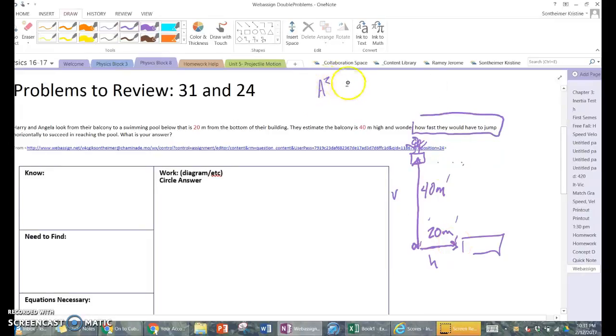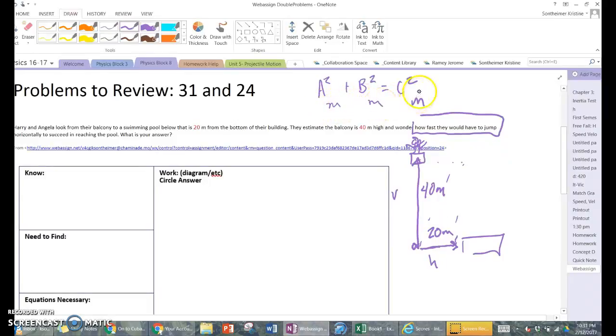A squared plus B squared equals C squared. All of those things have to have the same unit. So yeah, you're going to figure out the distance that connects them, but that's not what you want to find, because remember, this is in meters and this is in meters. So the answer will be in meters.